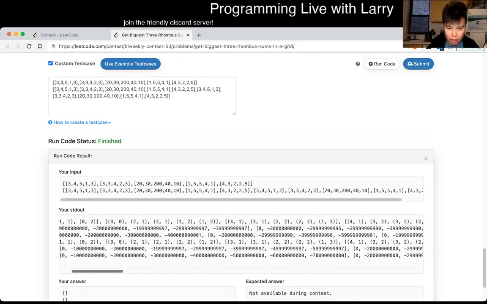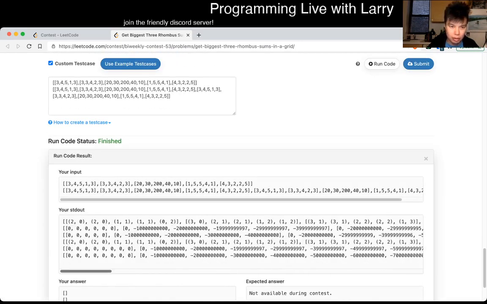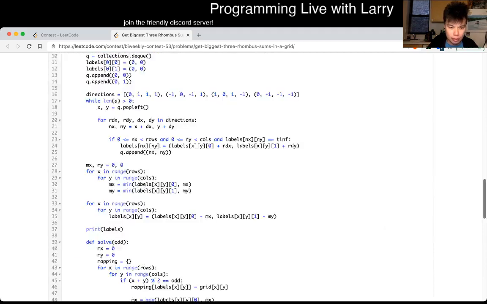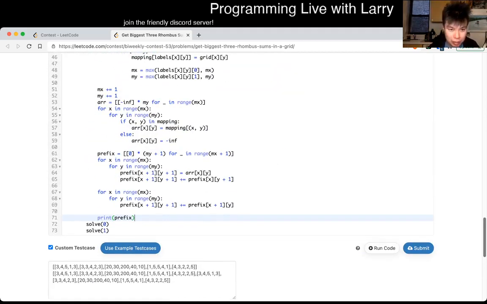This seems okay. And then finally, the actual problem, which is the border, which is, okay.